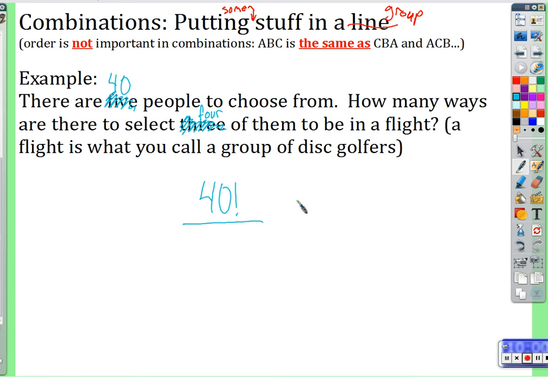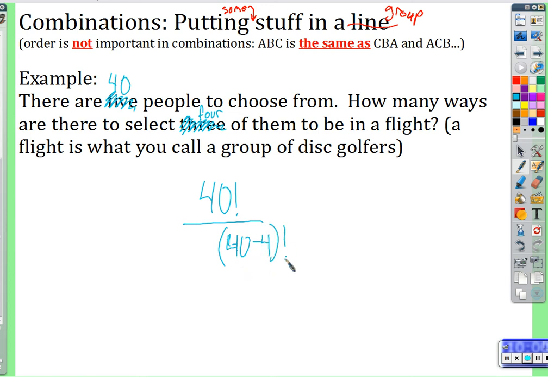But now we don't want all 40 people to line up. How many people do we want to line up? Eventually we will have them not being lined up, but first let's count how many ways there are to line up 4 out of the 40 people. To get rid of all the ones that we don't care about, just keep the 4 that we do care about: 40 minus 4 factorial. That would be 36.